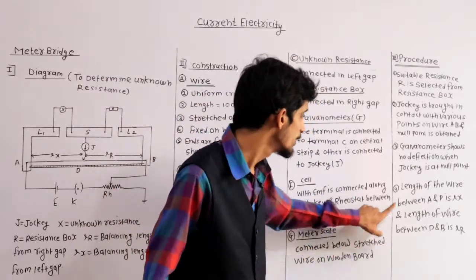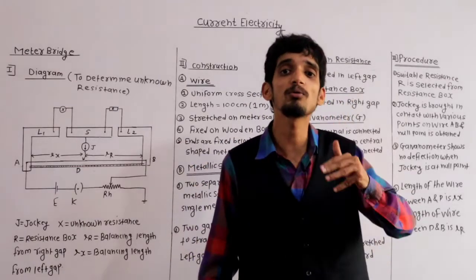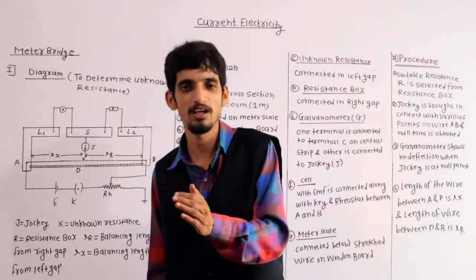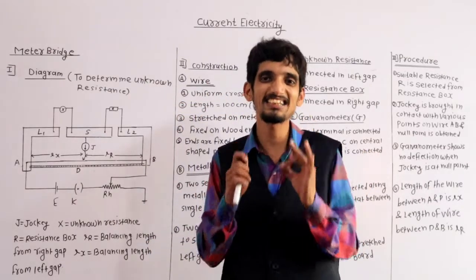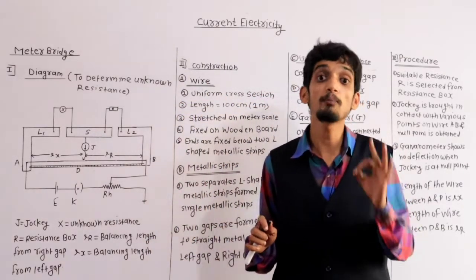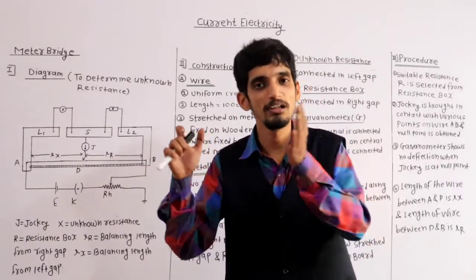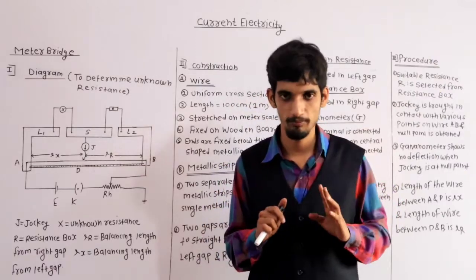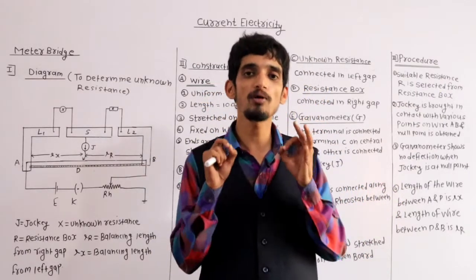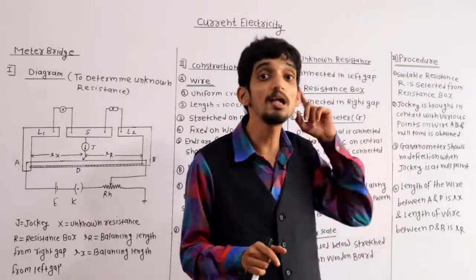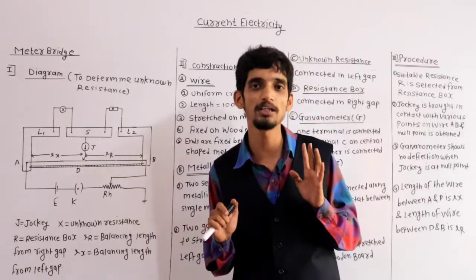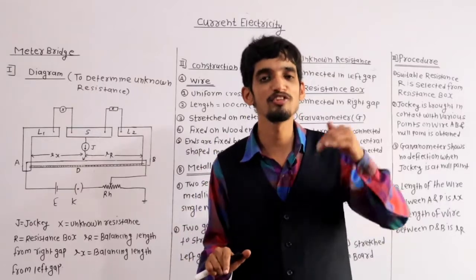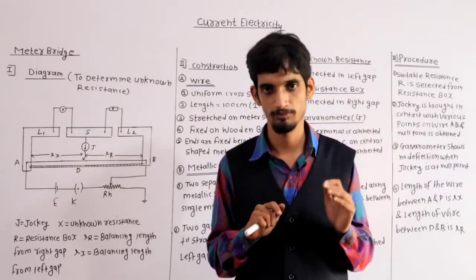So in this way you have measured the length of the wire from the left end, that is Lx, and Lr. Lx is the distance of the null point from the left hand, and Lr is the distance of that null point from the right hand. Clear? So the basic important point is that you have to obtain the null point in the meter bridge experiment, so that Lx and Lr can be easily measured and further calculation can be done.